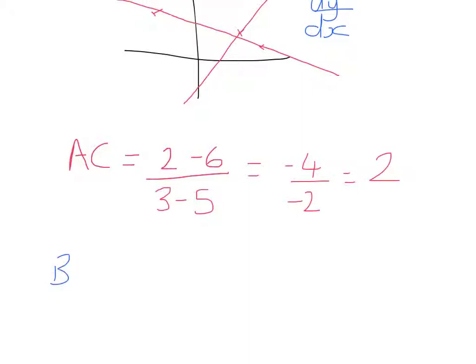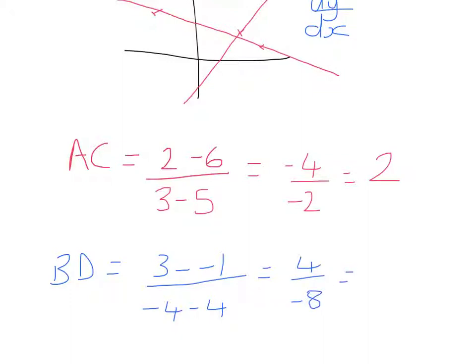For BD, I get (3 - (-1)) over (-4 - 4), which gives me positive 4 over negative 8, which cancels down to -1/2.